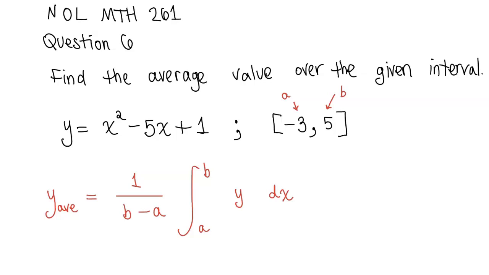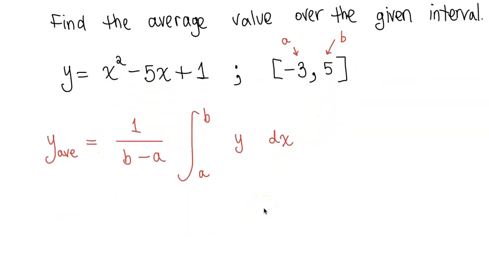Now I'm going to plug in my function and the bounds in here. So the average equals 1 over b minus a. What's that going to be for my problem? 5 minus -3.